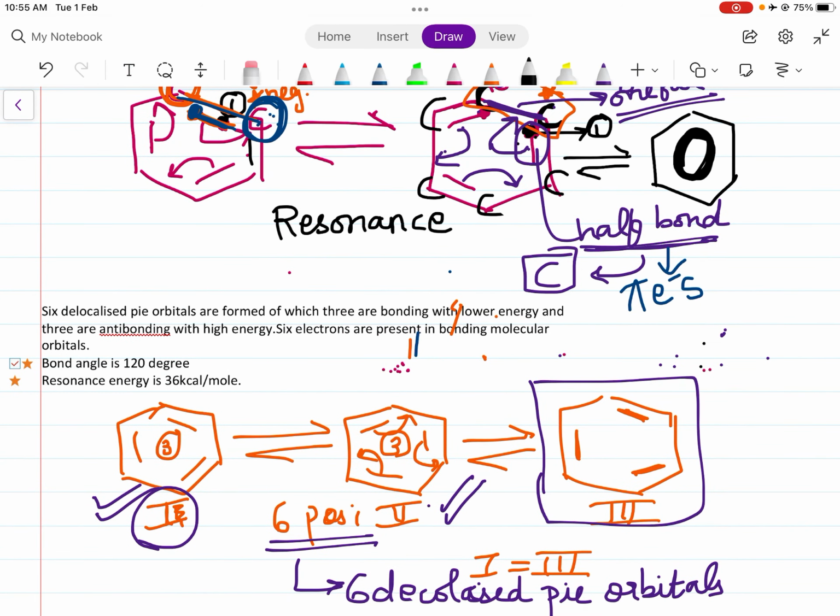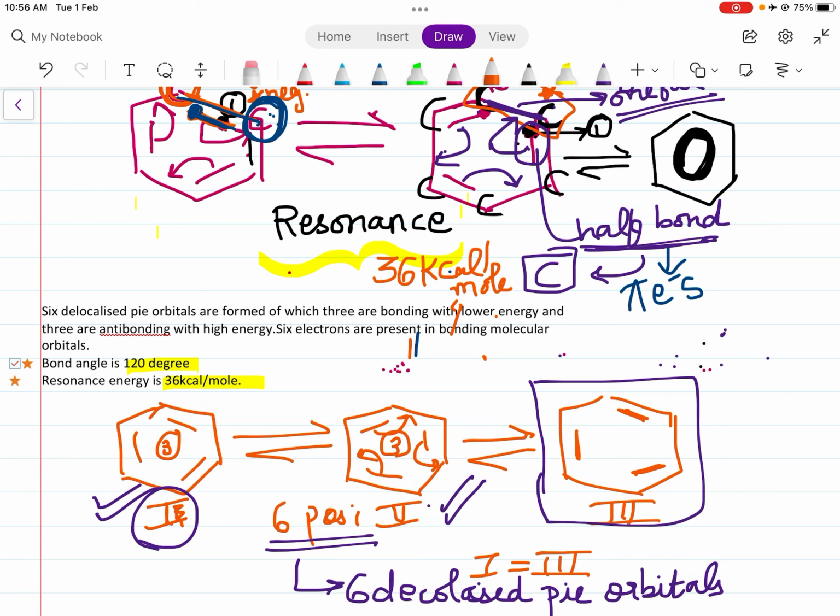And we know that the bond angle for benzene is 120 degrees, and the resonance energy, that means for delocalization to take place, is 36 kilocalories per mole. If this much resonance energy is provided, benzene will change into its resonance hybrid.